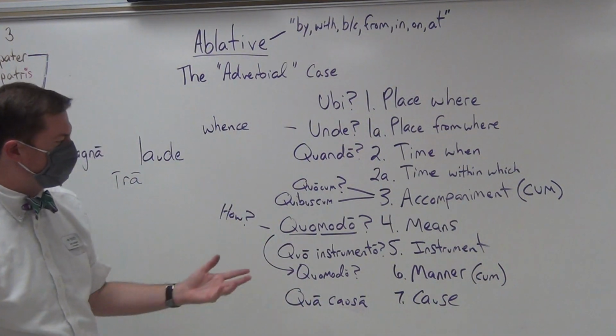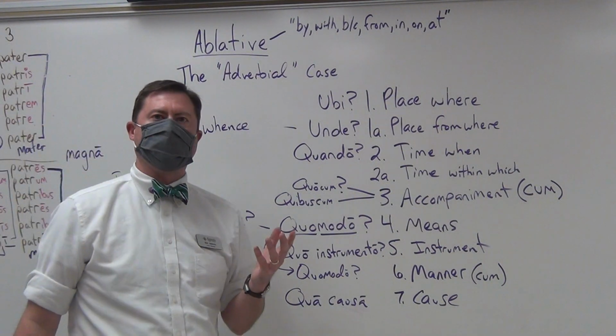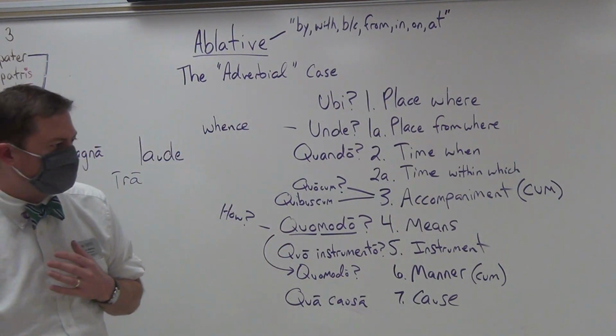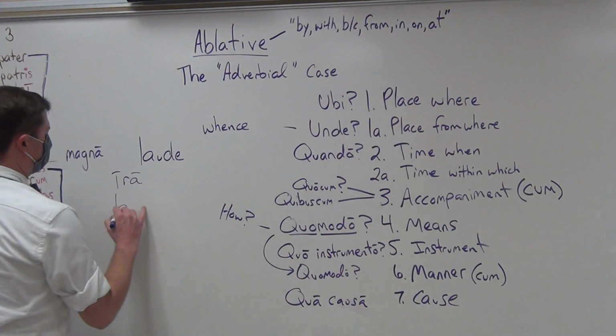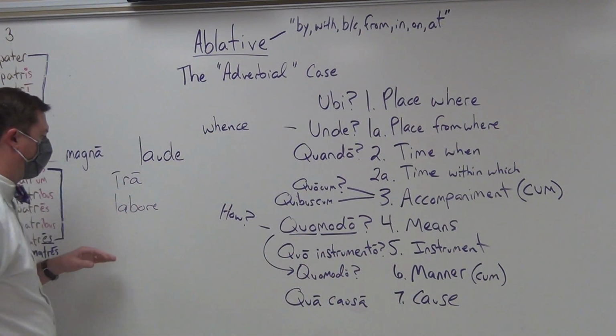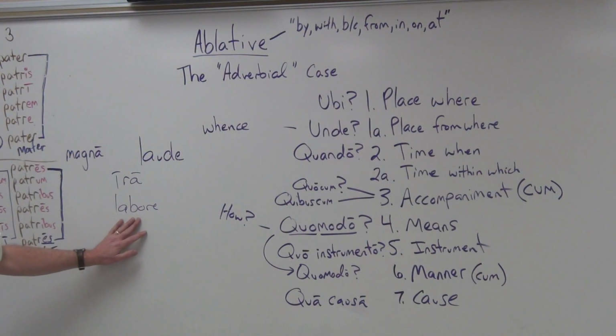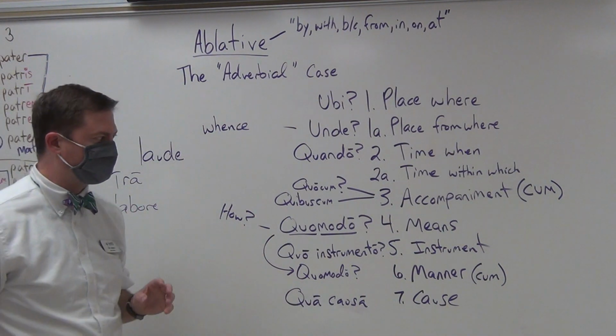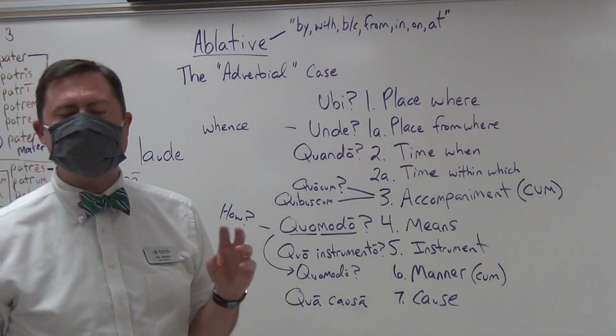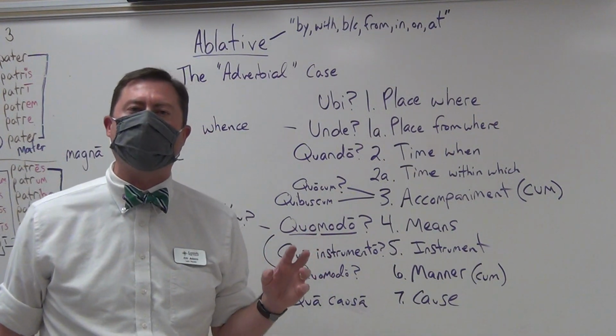Or in what cause or in what reason? If I say that I am tired, I could be tired labore, because of the work that I've been doing. By the work, from the work I've been doing, I am tired. And that is your ablative of cause. Your third and final is pencil. As simple as that. P-E-N-C-I-L, pencil.